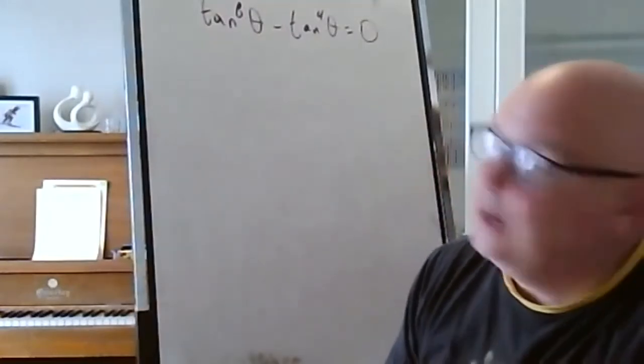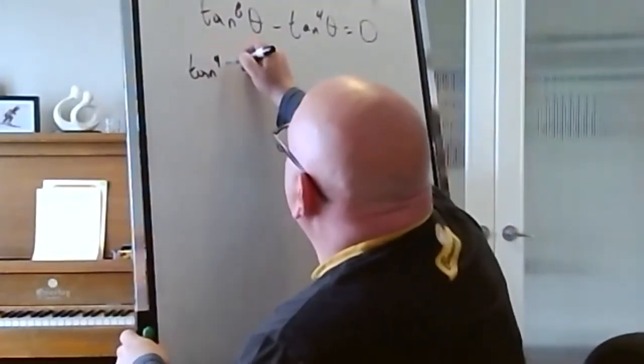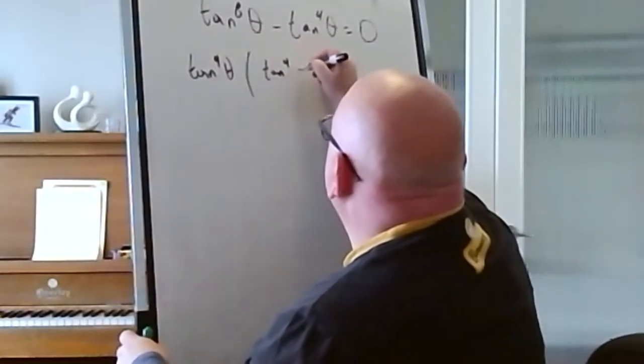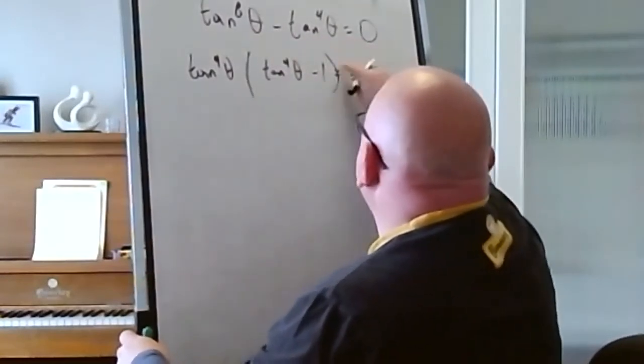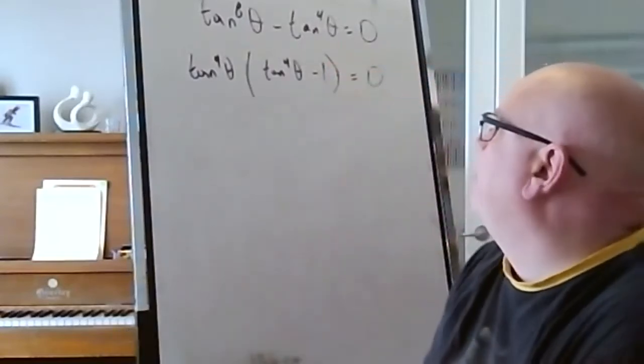If we common factor here, we have tan 4 theta times tan 4 theta minus 1 equals 0. So just common factoring tan to the 4.